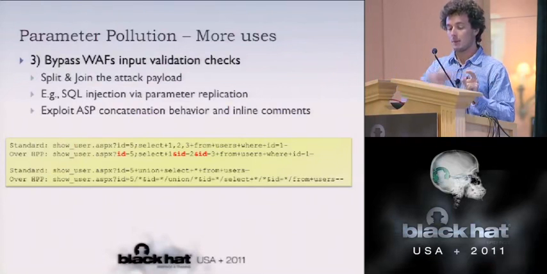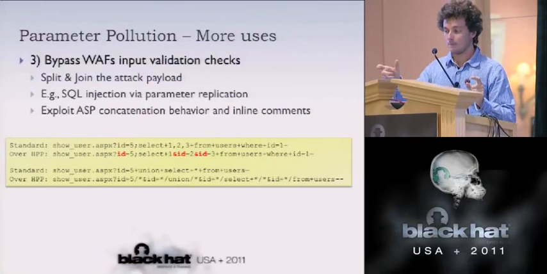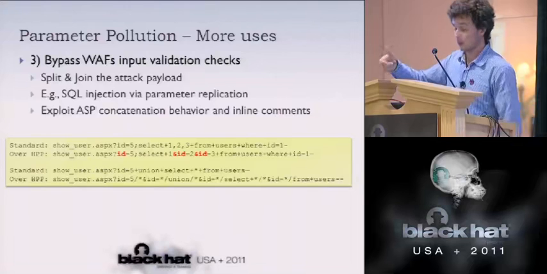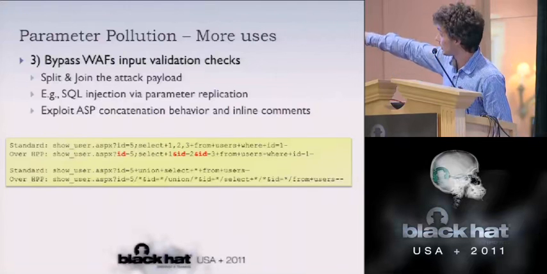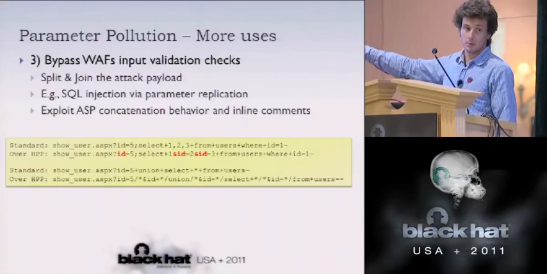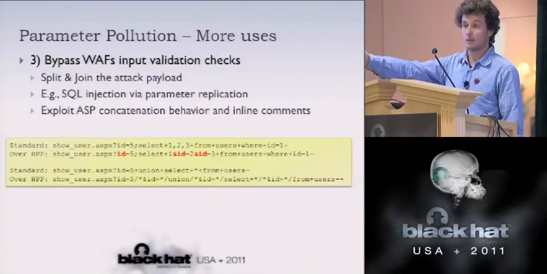by providing the same parameter multiple times. So here you see a parameter called ID that contains a SQL injection. This SQL injection most likely will be detected by your web application firewall.